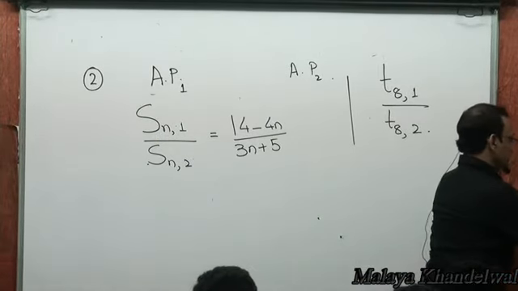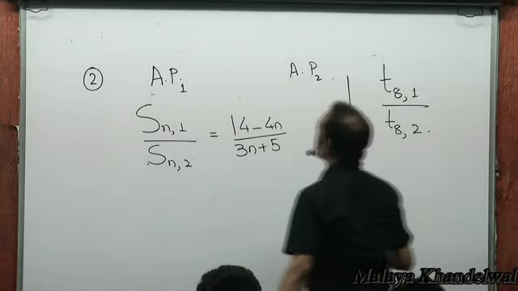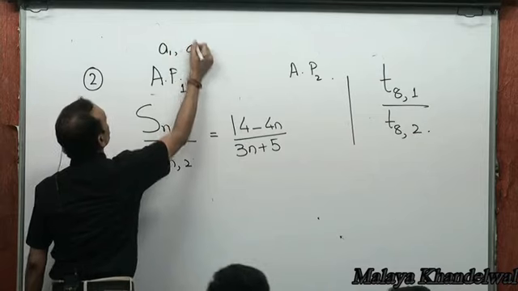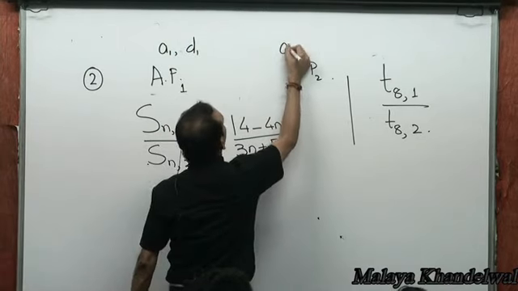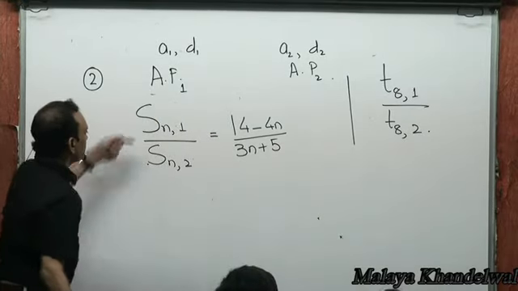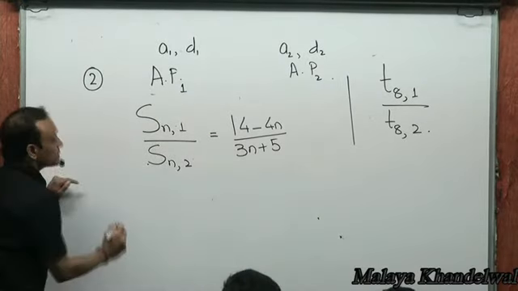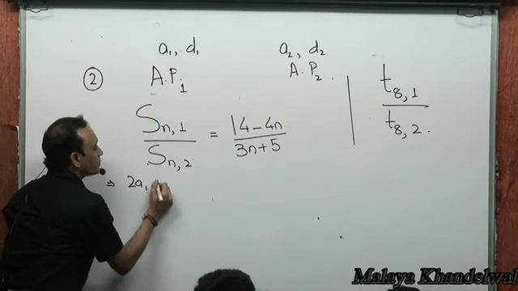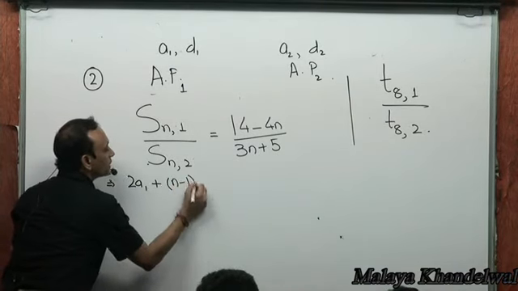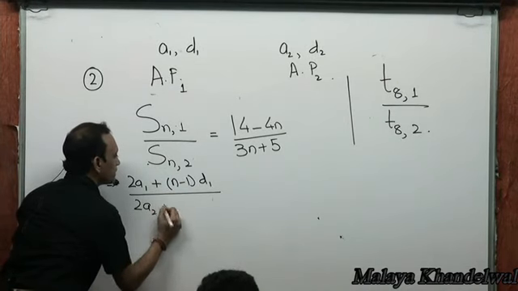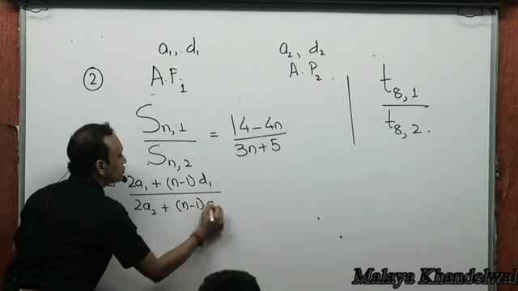And now, evidently, suppose the first term of this AP is A1 and the common difference is D1. The first term of this AP is A2 and the common difference is D2. Then the ratio of the sum of their n terms is going to be 2A1 plus n minus 1 into D1 divided by 2A2 plus n minus 1 into D2.